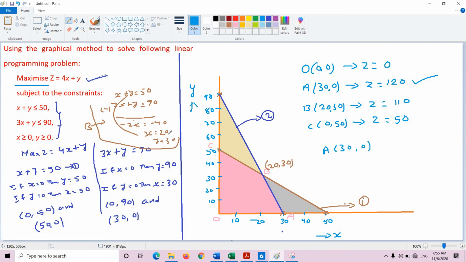That means for your LP problem, the solution is x equal to 30 and y equal to 0. Maximum z equal to 120. This is the end of the problem.